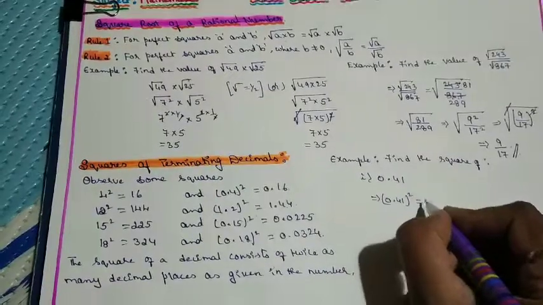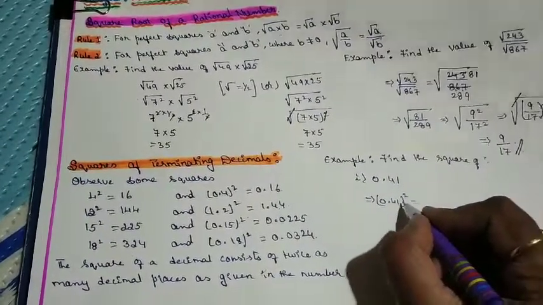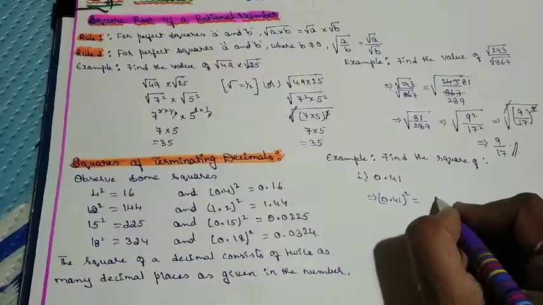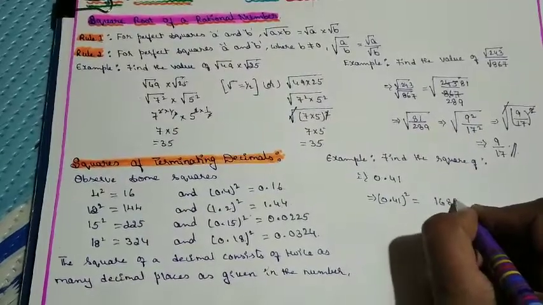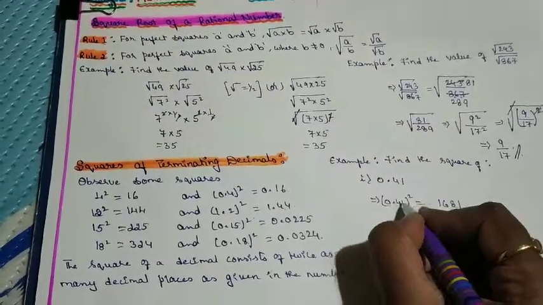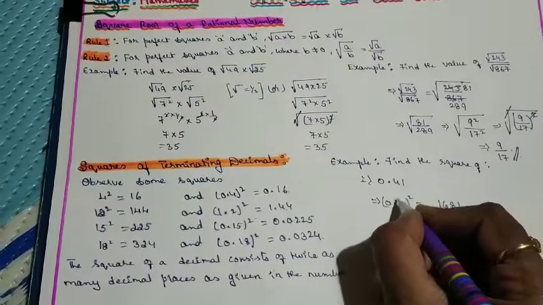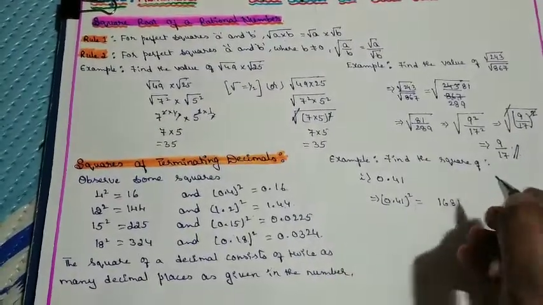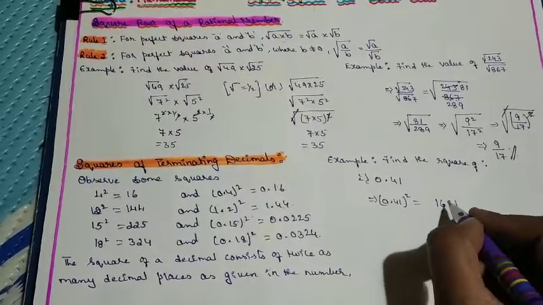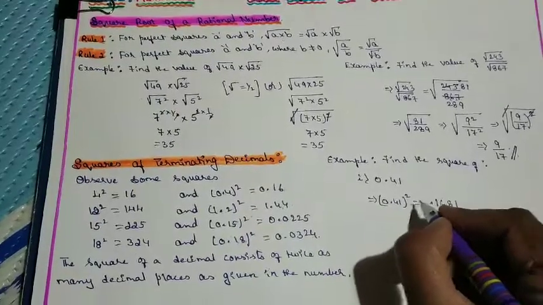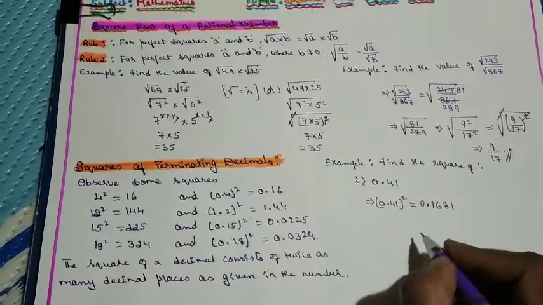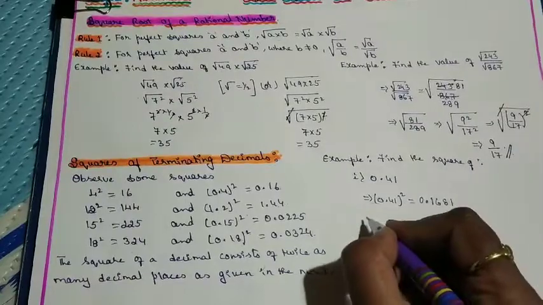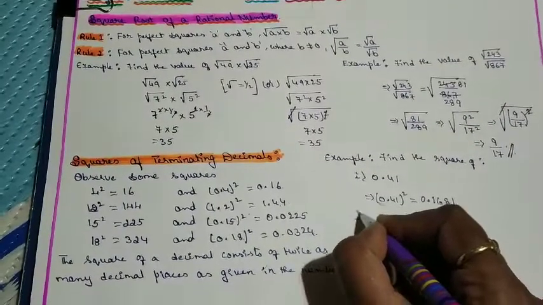Clear? Then we know that 41 square is 1681. But after the decimal point we have 2 digits, so doubling gives 4 digits. So 1, 2, 3, 4, point. So the answer is 0.1681.